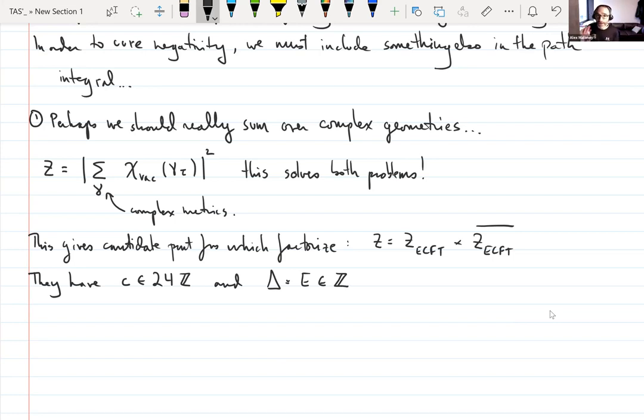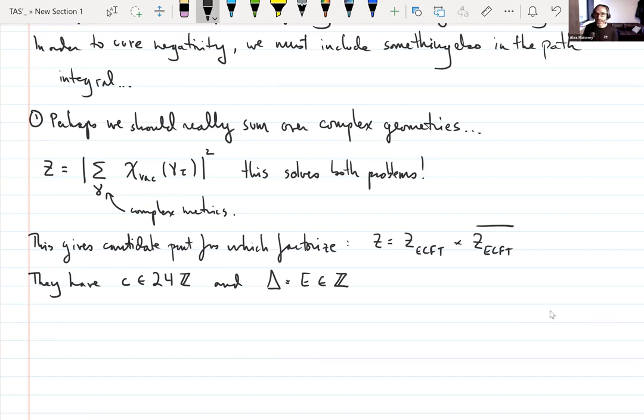So this is very different from what you would expect in a generic CFT. In a generic CFT, the central charge could be some random number, but it's certainly not a multiple of 24. And dimensions are general real numbers, not necessarily integrally quantized.